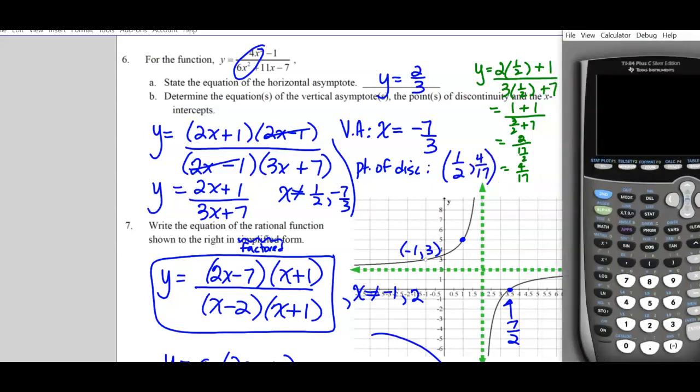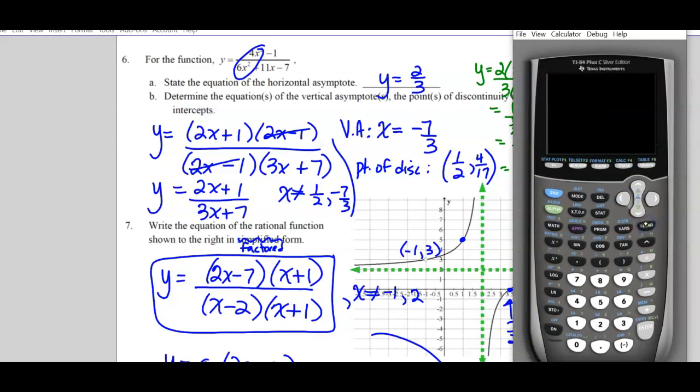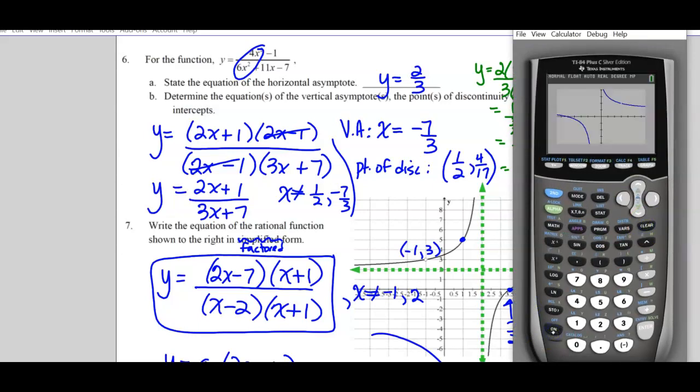Just going to check and make sure I get that. So we can always check. So what do we have? 2 bracket 1/2 plus 1. And 3 bracket 1/2 plus 7.